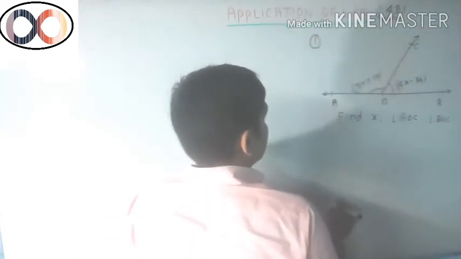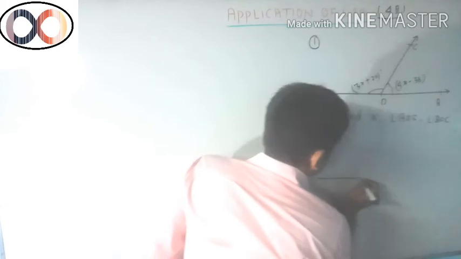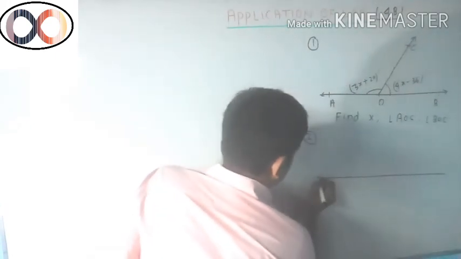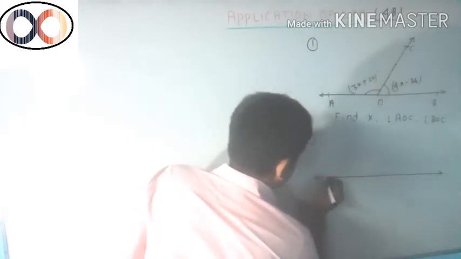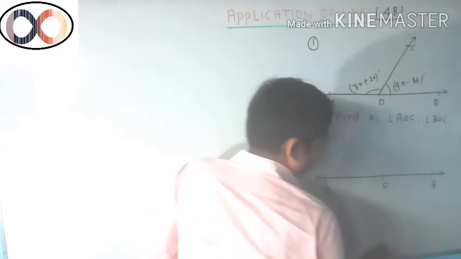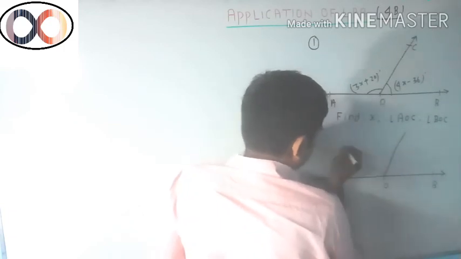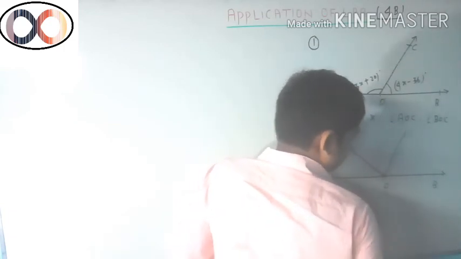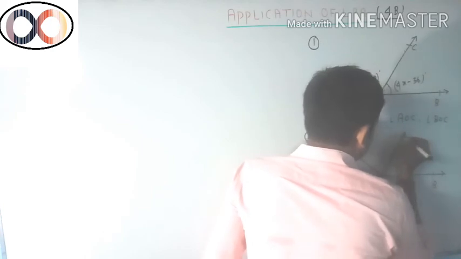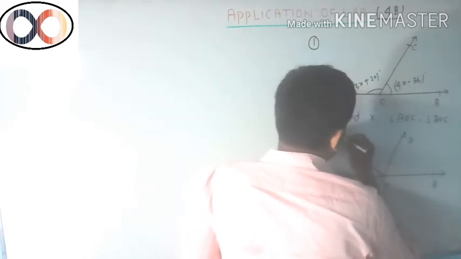Next is question number 2. This is a straight line, with A, B, and O here. This is one ray, and this is another ray, with D here and C here.